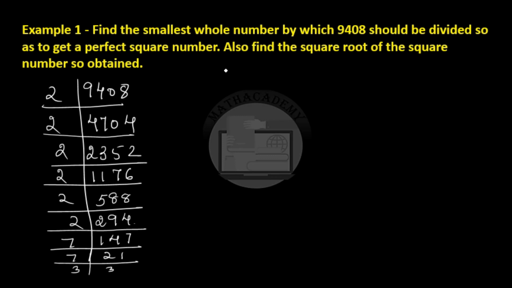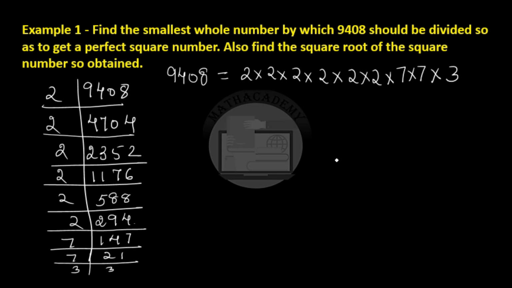We have prime factorized 9408. It's a big list of factors, so 9408 is written as 2 times 2 times 2 times 2 times 2 times 2 times 7 times 7 times 3. We have one pair of 2, another pair, a pair of 7, and this 3 does not have a pair.